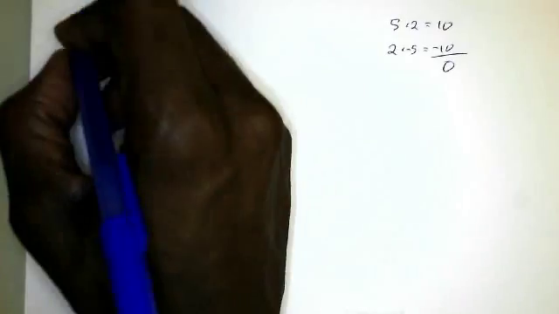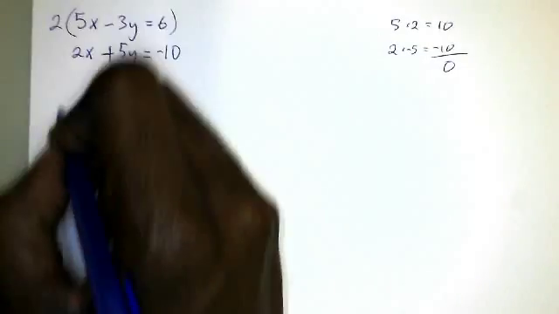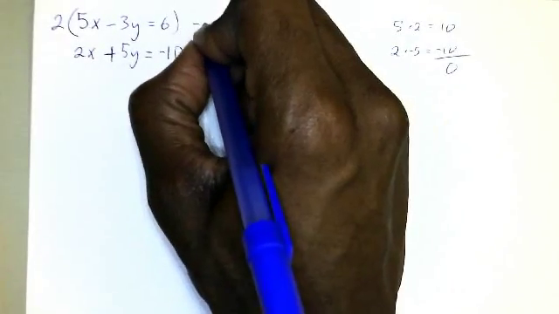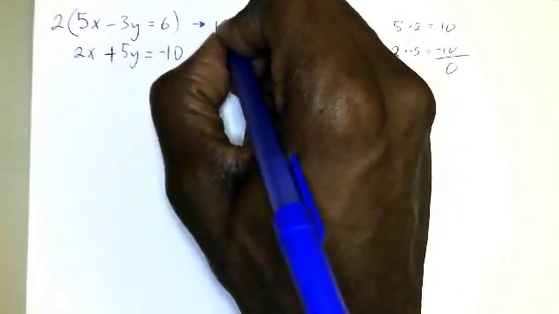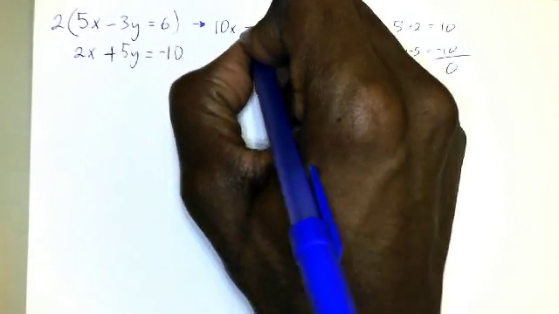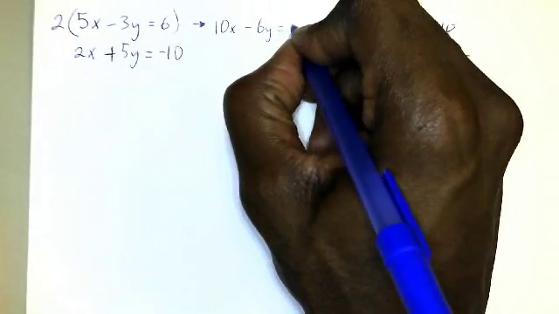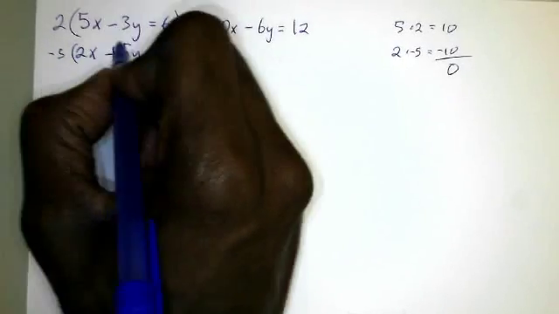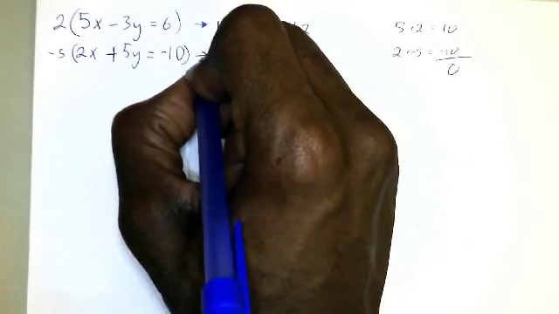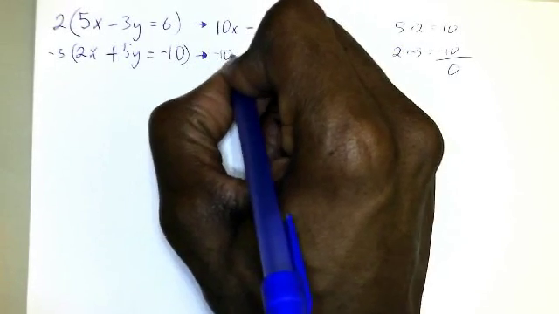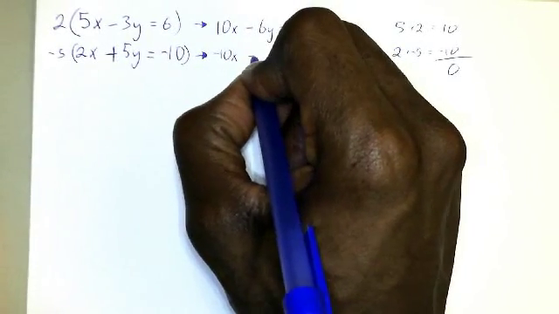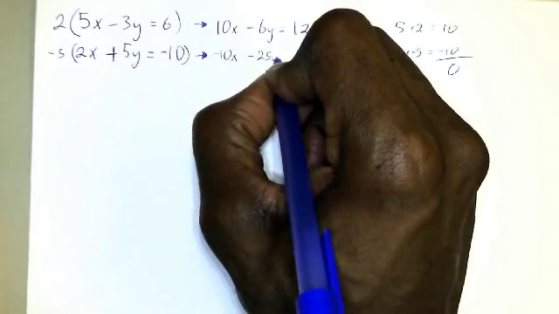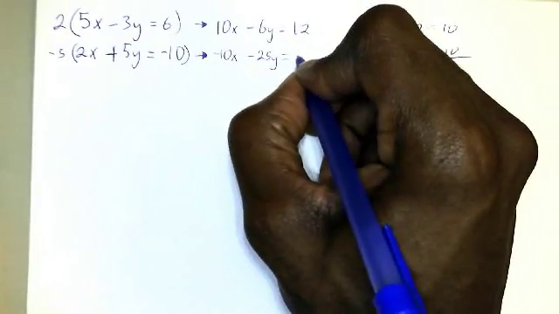So let's multiply the first equation by 2, and this will give us 10x minus 6y equals 12. And multiply this one by negative 5, which will give us negative 10x minus 25y equals 50.